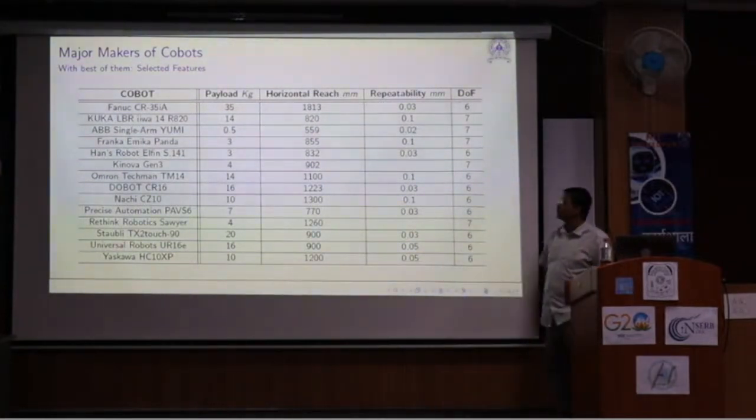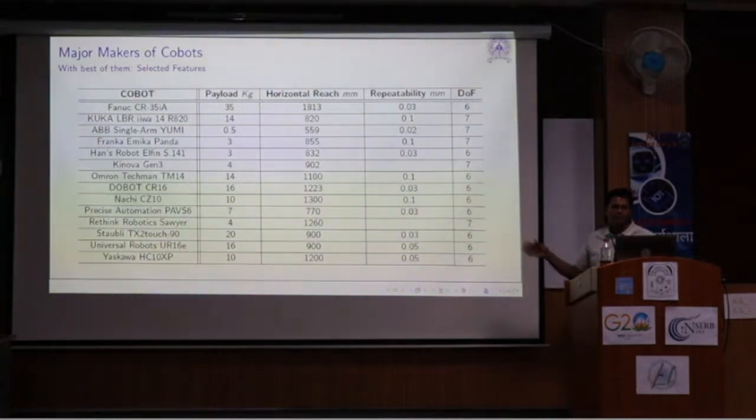So this is a huge list of companies who are making such robots. Not all of them are certified. Apart from industrial certification, position and repeatability, they may not be certified. So before you buy one or use one, be sure what all certification it has. Then only you get into that workspace and take some risk. Right?